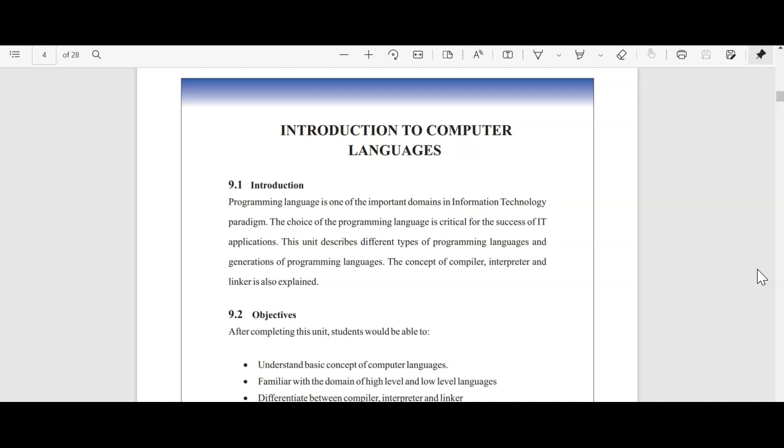To understand in very simple English, what is the importance of language? In our real life as well, when we live anywhere, language plays a very important role. Why? Because we live in a society, we cannot live in isolation.